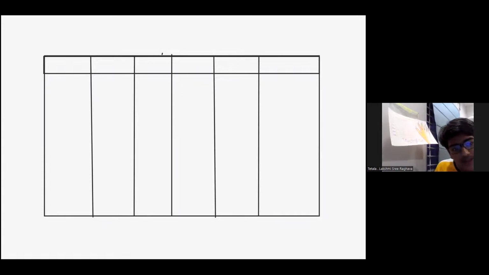So here let me write 0 and then 30, 45 degrees, and then we'll be taking 60 degrees and then 90 degrees. Make the table as how I am making.